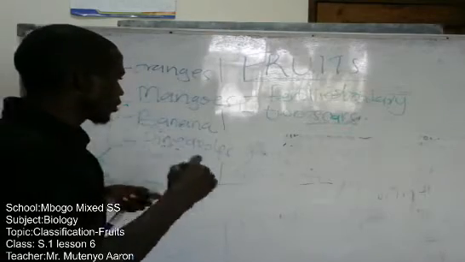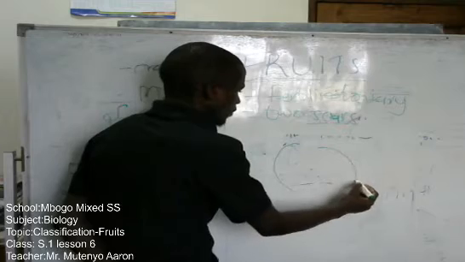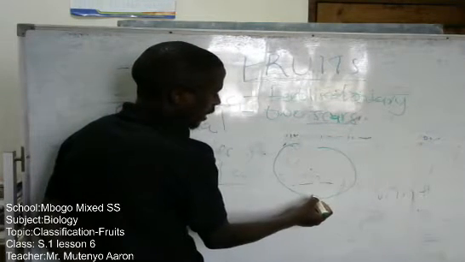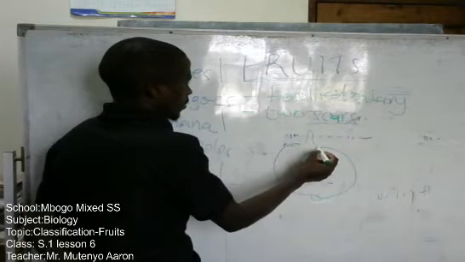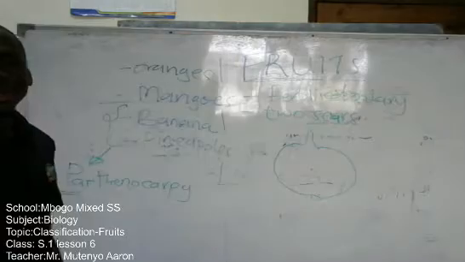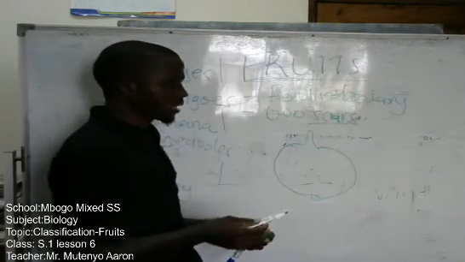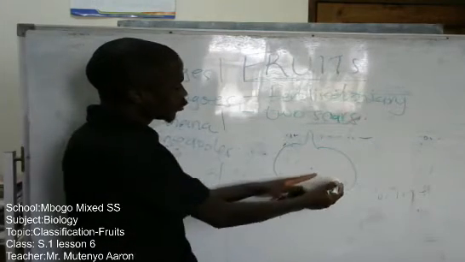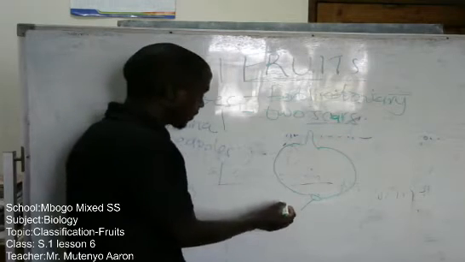Okay? So the ovary is like this. I'm just trying to illustrate. The ovary is like that, something like that. Now, it has two scars, which we are illustrating in this way. At the bottom side of it, this is where the ovary was attached to the receptacle.